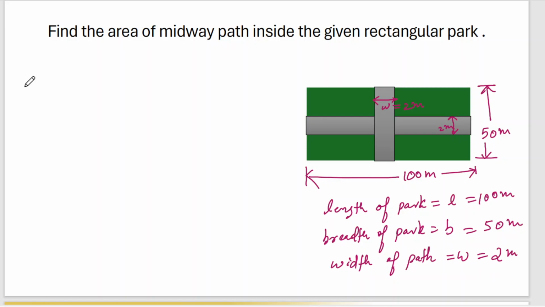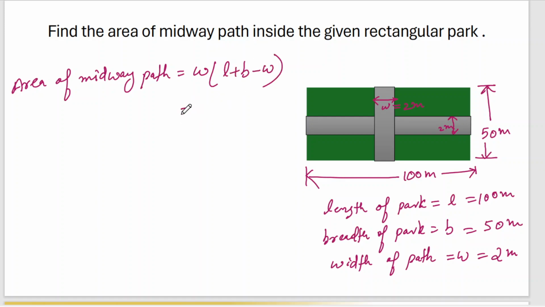So we are going to use the formula: area of midway path equal to W(L + B - W).